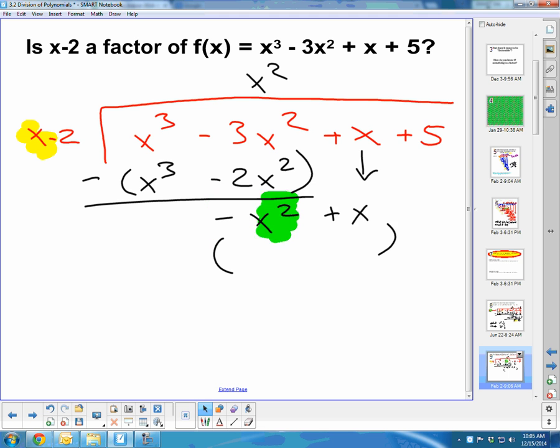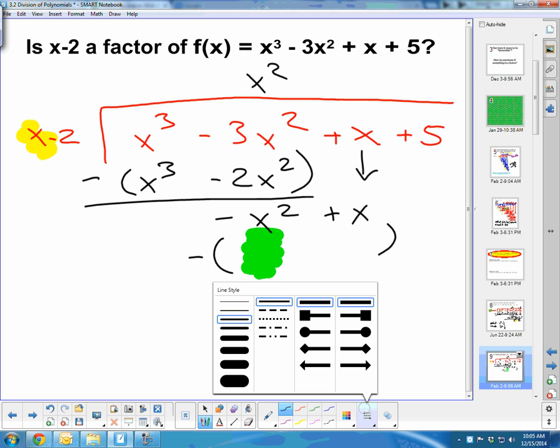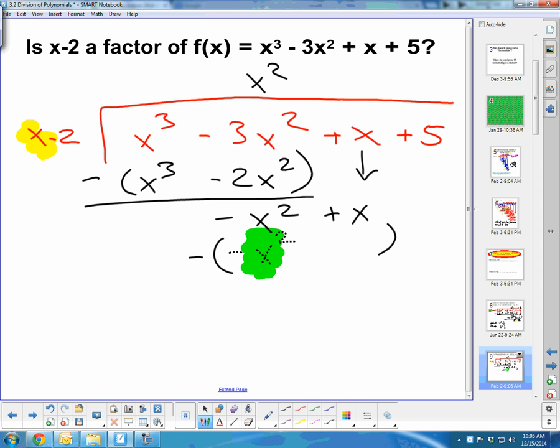I'm working here, and I need to say to myself, when I subtract, I need this piece of the subtraction, negative x squared minus something, to be 0. Well, that only works if this is a negative x squared. That's what would give me 0. How am I going to get a negative x squared here, based on this divisor?